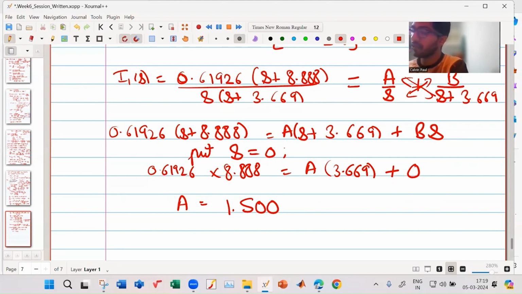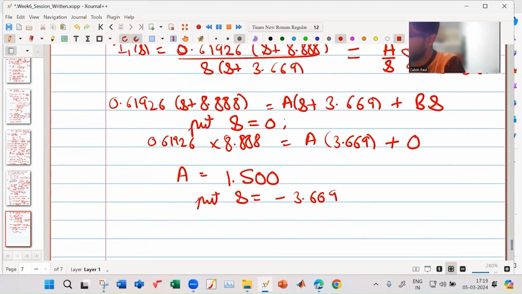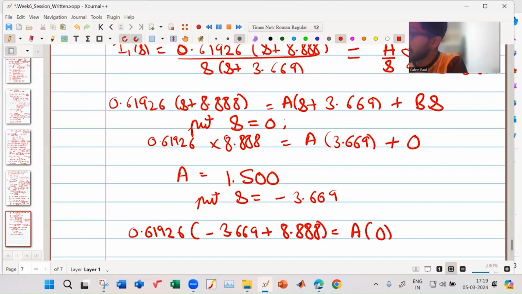No, sir. Okay, if I want to find the value of B, I will put s equal to minus 3.669. So I will get 0.61926 into minus 3.669 plus 8.888 is equal to A into 0, because minus 3.669 plus 3.669 becomes 0. So it becomes A into 0 plus B into minus 3.669.